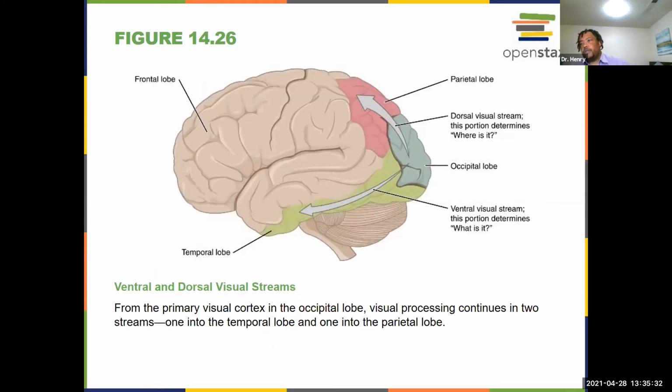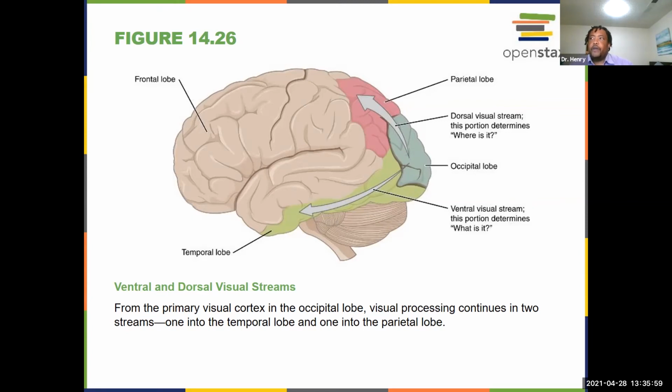Okay, so if we think about the streams of stimuli, when we're receiving those stimuli, the visual stream that is going to come out depends on what it is that we're picking up.